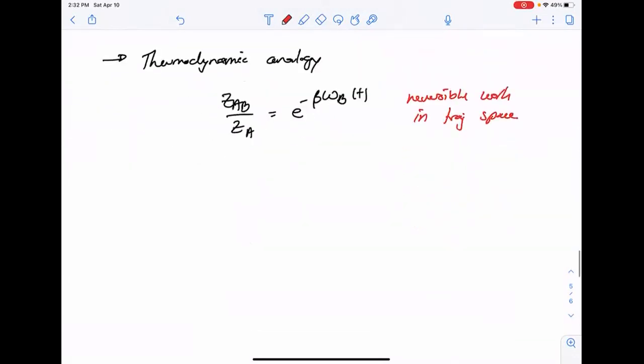Okay, so what does this reversible work mean? It's the work to transform a trajectory that starts in A into a trajectory that goes from A to B.